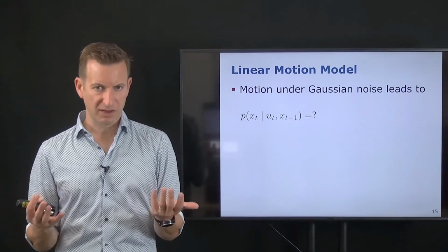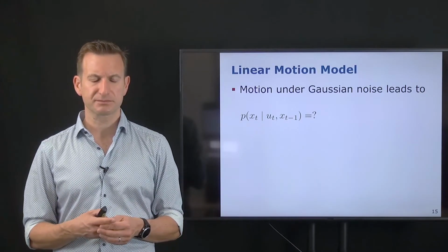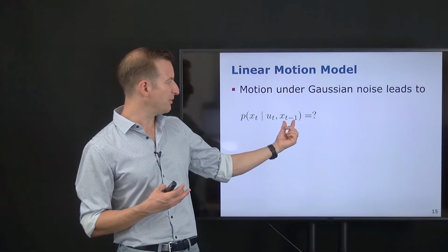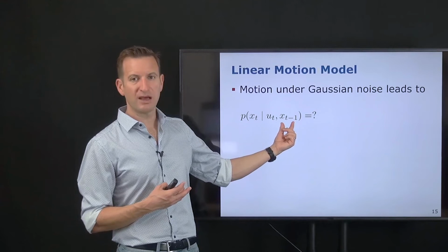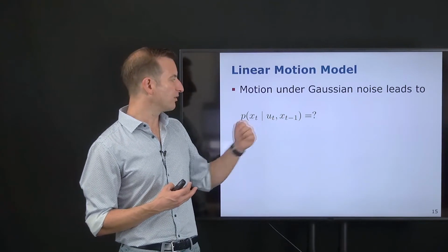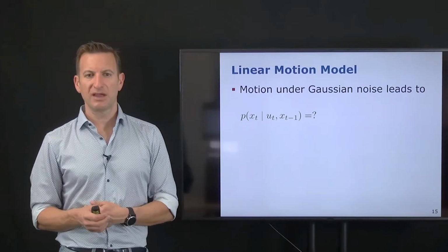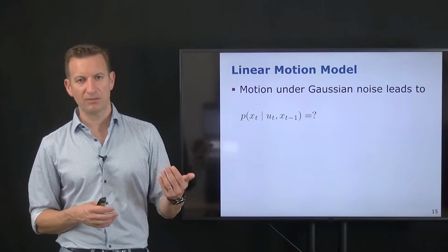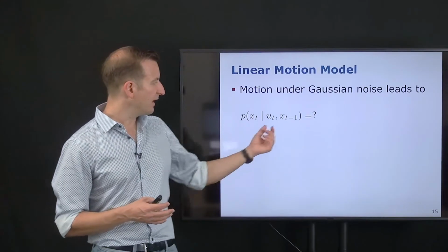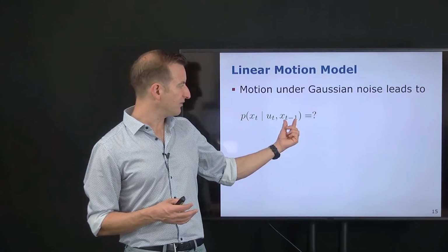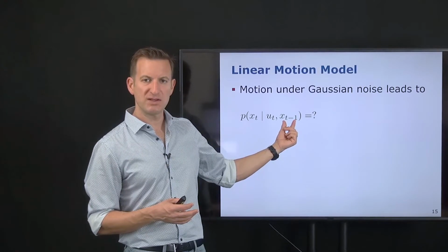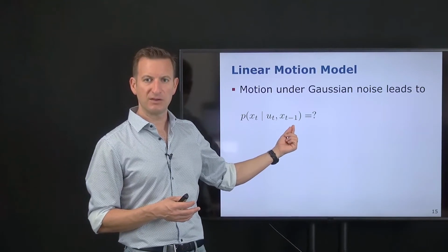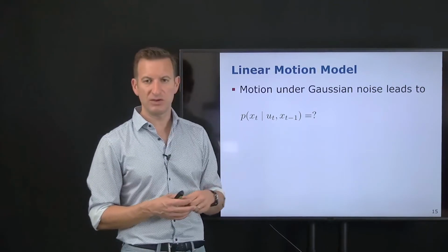Obviously it is a Gaussian distribution, and we know where we have been before. The question is where we are going to end up when we execute the control command ut. This is where our linear model, our matrix AT and our matrix BT, comes into play. How does xt minus 1 change if we move to xt? That is A times xt minus 1 plus B times ut.